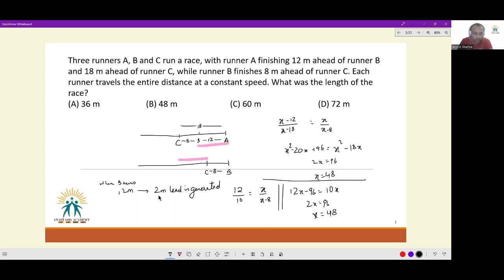When B runs 12 meters, a 2 meter lead is generated. At the end, they have an 8 meter lead, which would mean B has run so far 48 meters, which is the length of this race. So option B will be the right answer here.